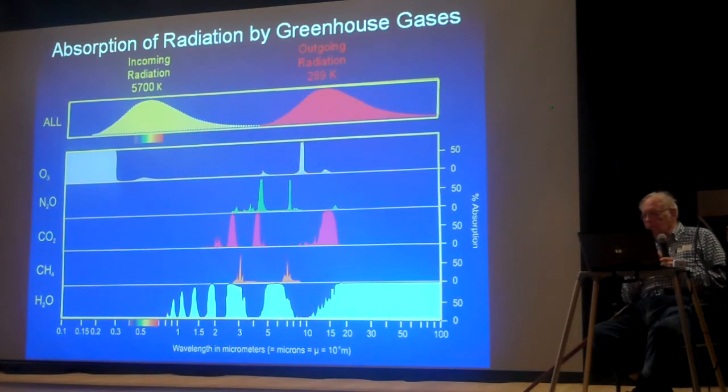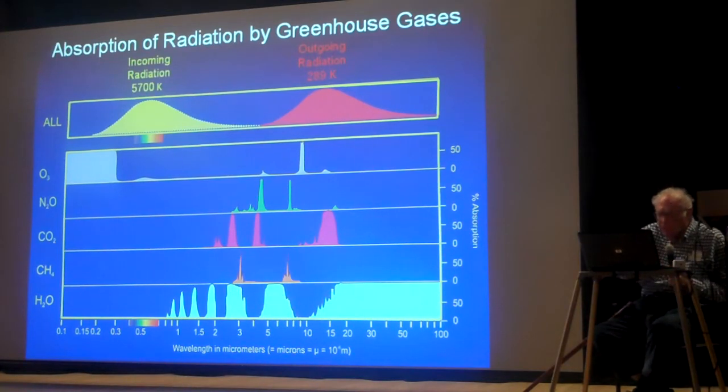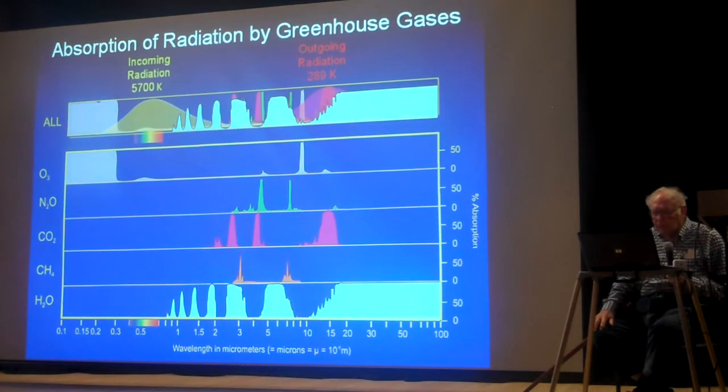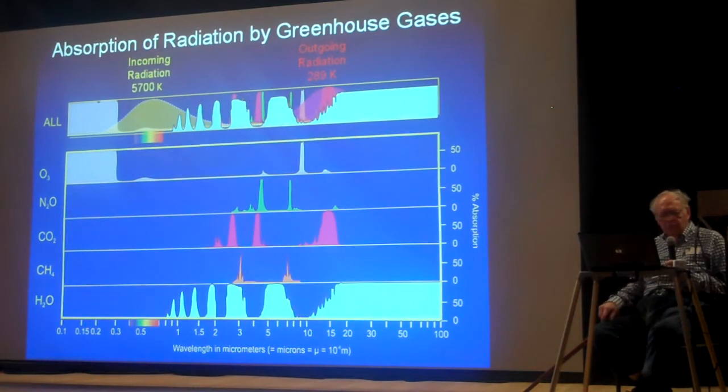Water vapor content in the atmosphere depends on temperature, and it doubles or reduces by a factor of 2 with every 10 degrees Celsius temperature change. Now, I've now put those radiation things in the background. We put all the greenhouse gases up there, and you'll see that water vapor has a big absorption effect on the outgoing radiation. Virtually nothing has any effect on the incoming radiation except ozone, which is intercepting, thank God, the ultraviolet.